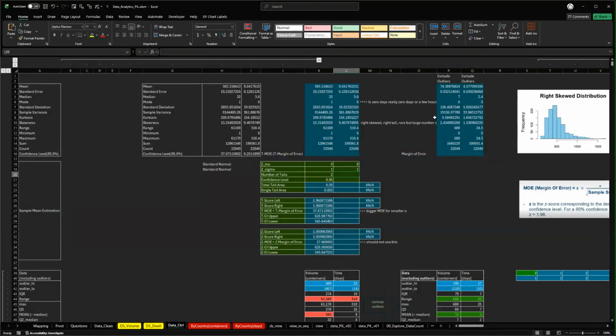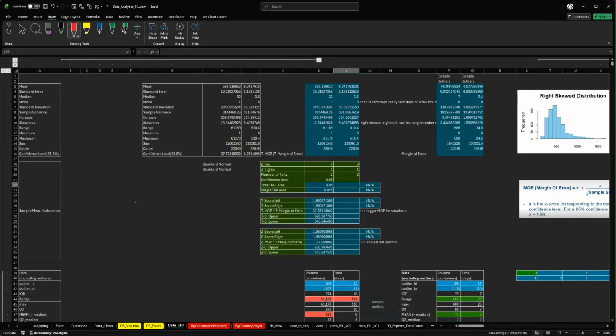It's centered in the middle, symmetric, so there are two tails. That's 0, and the standard deviation of 1, plus 1, minus 1. So there are two tails on both sides.